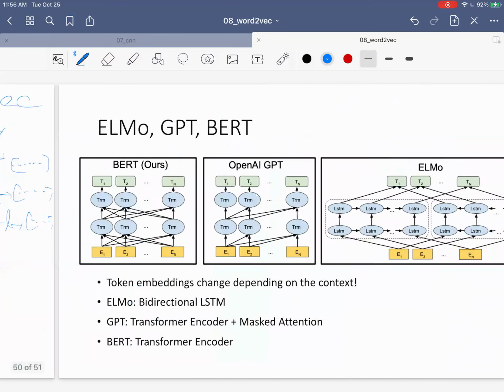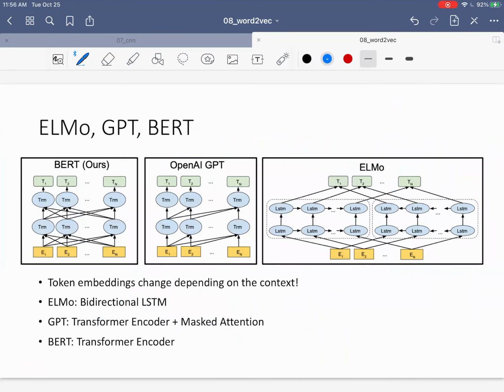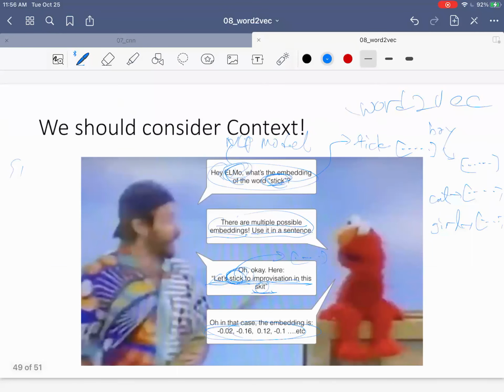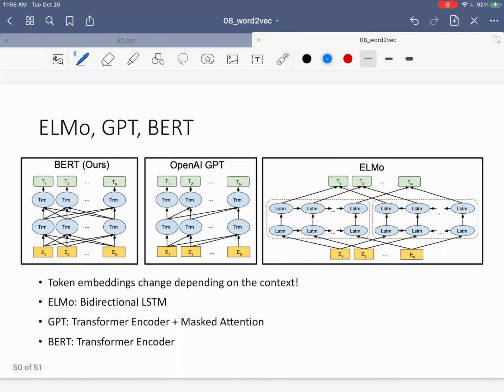Right. So there are a couple of contextualized word embedding models that can serve this kind of purpose, where you give a sentence like "let's stick to yada yada yada, and then skip." If you give this sentence into BERT, then BERT will give you a corresponding word vector for let's, there will be a stick vector, all the way to the skip vector.